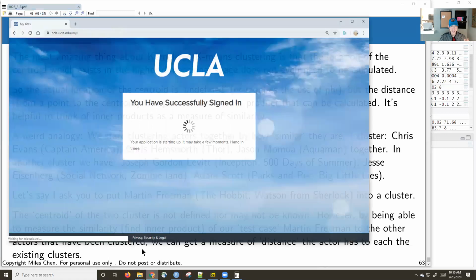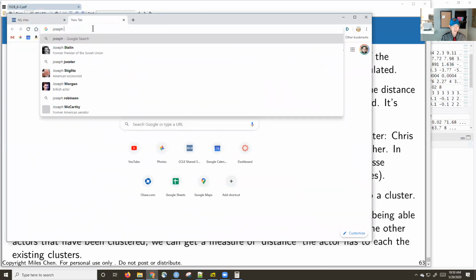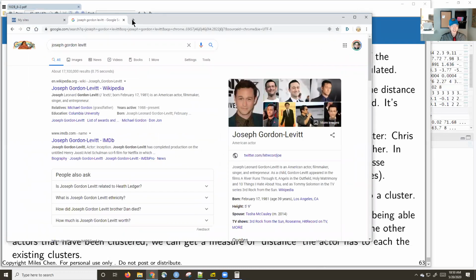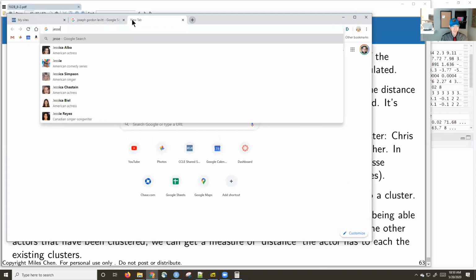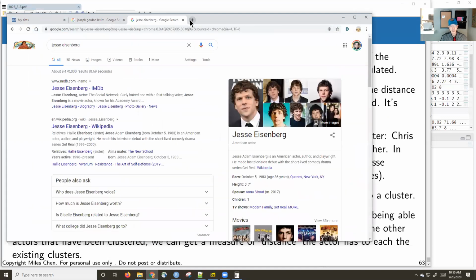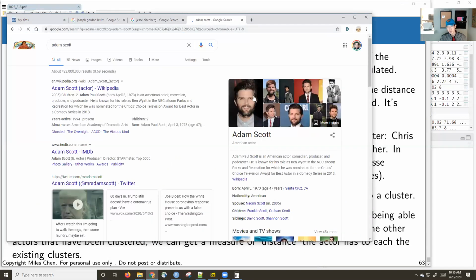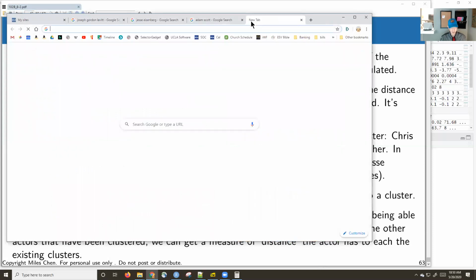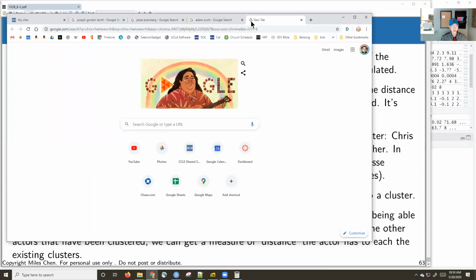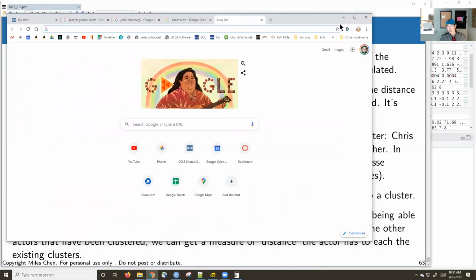I don't know if you're familiar with these guys. Jesse Eisenberg was in The Social Network, and Adam Scott is in Parks and Rec. And then compare these to Hemsworth.